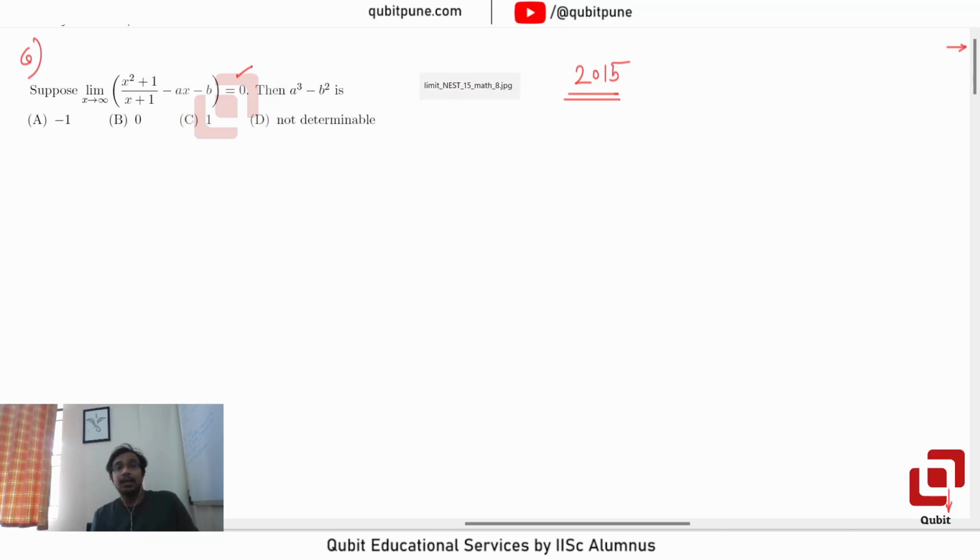One key point to take away is that the limit exists, which means if by some means we could write it as one polynomial by another polynomial, we can apply the rule. So let's go for it.